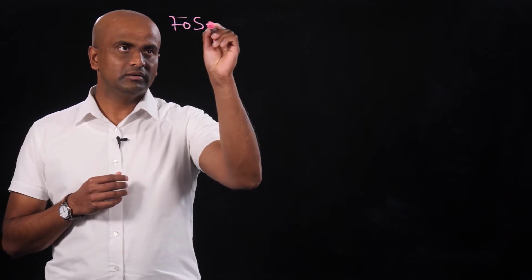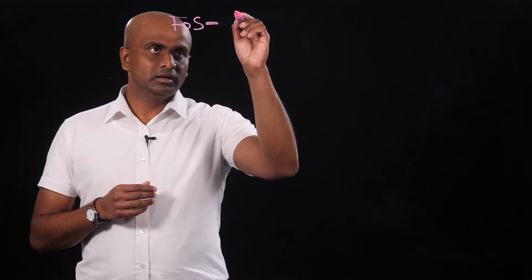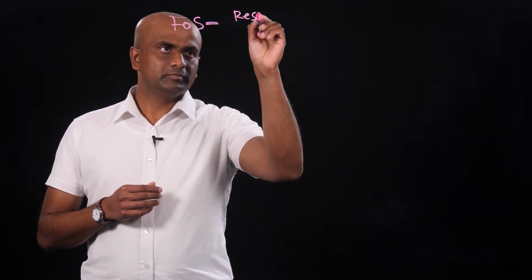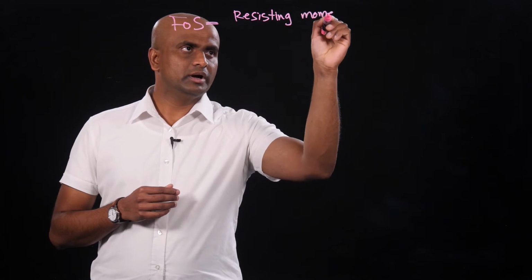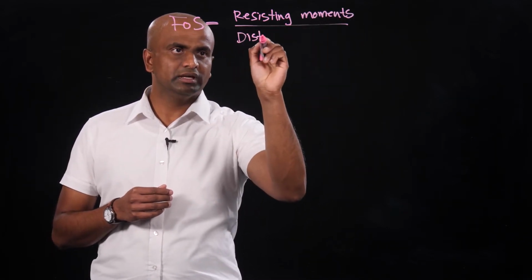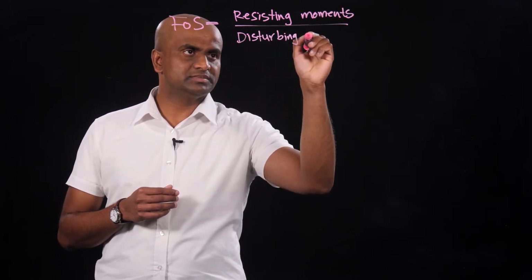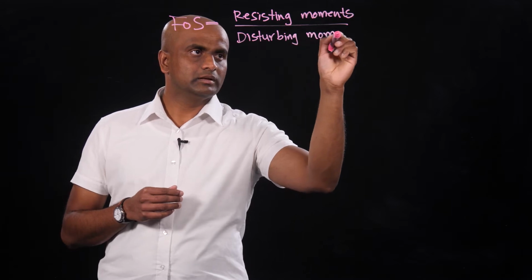Now we can calculate the factor of safety against slope failure. That will be the resisting moments divided by the disturbing moments. We can calculate the resisting and disturbing moments separately and then substitute in this equation.